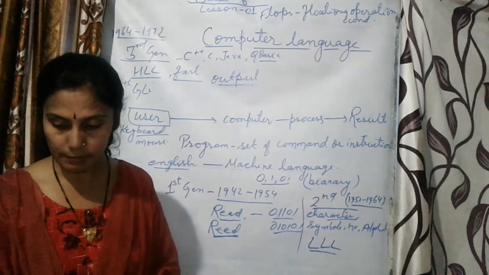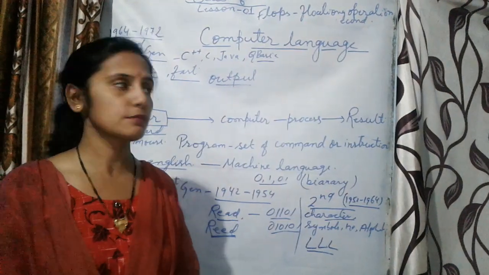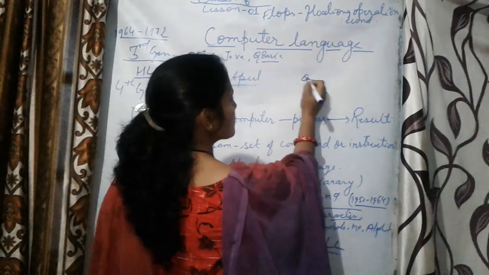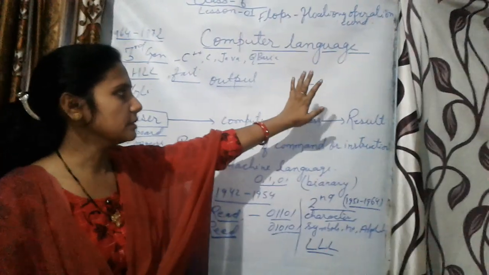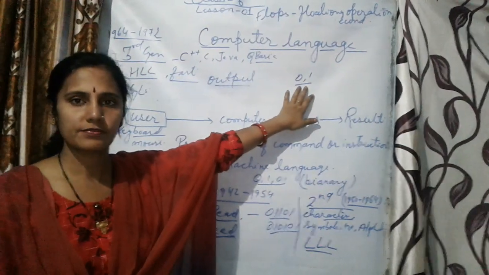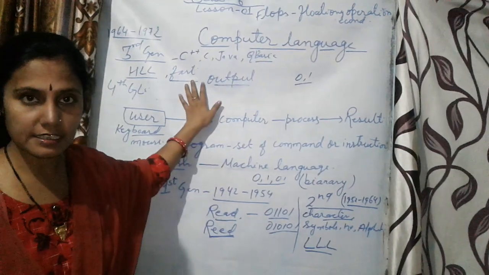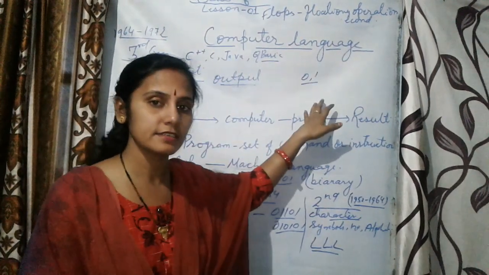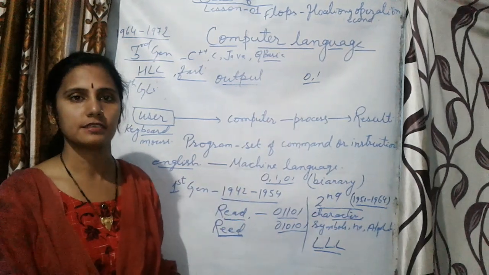In a low level language, the programmer uses only the 0 and 1 format. That means they write only binary words. And a high level language is machine independent, but the low level language totally depends on the machine.